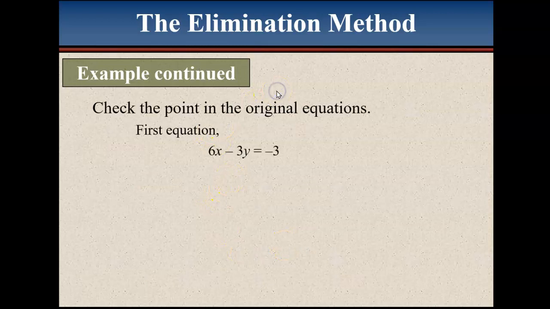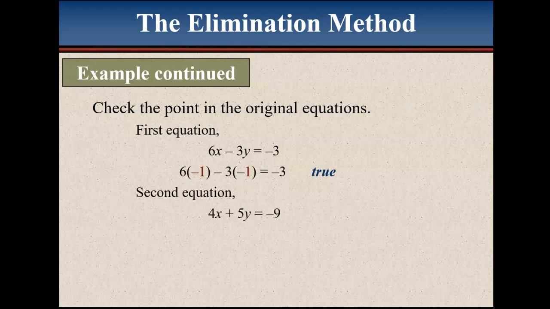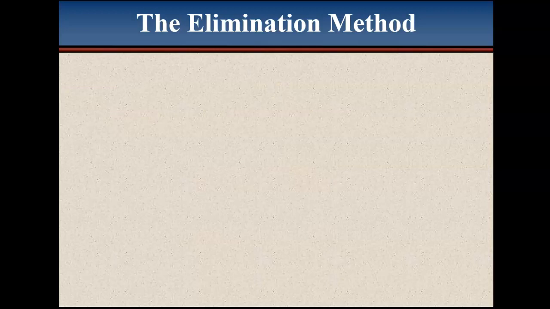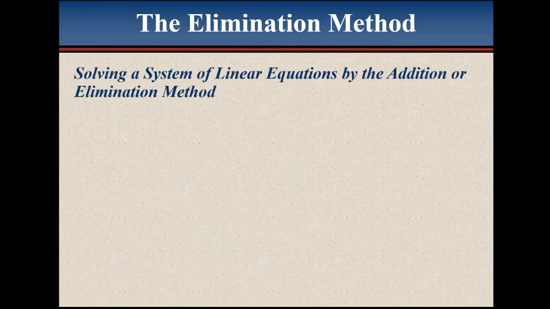But, yes, we need to check it. So it is true for the first equation, and when I put the values into the second equation, it comes out to be true as well.